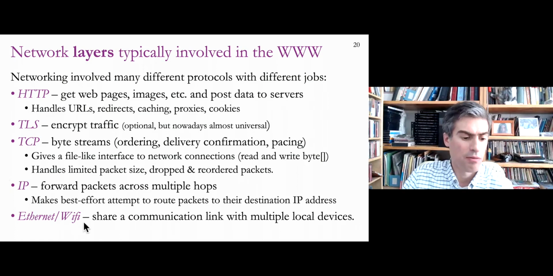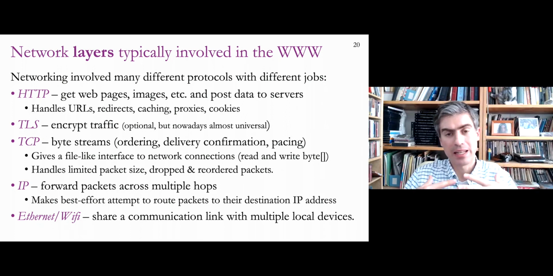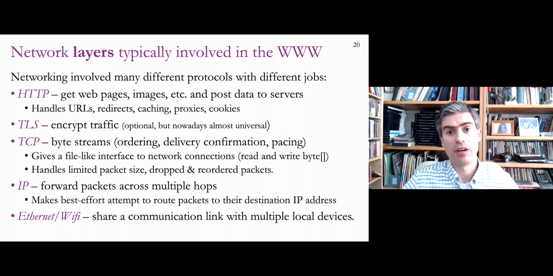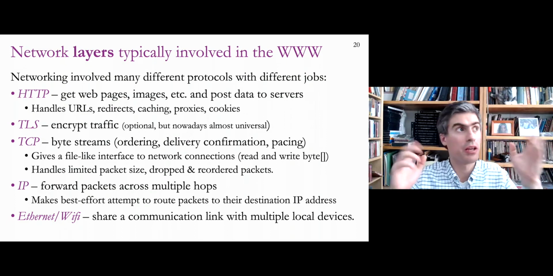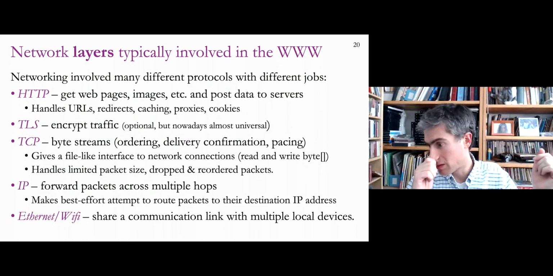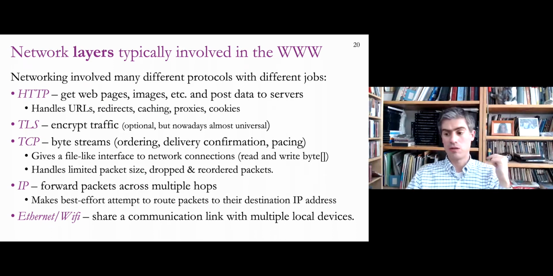And below that, we have a variety of protocols like Ethernet and Wi-Fi and others that are used for handling a link. If we have a link with two devices, or more than two devices sharing this link to communicate, it could be the radio spectrum that many wireless participants are sharing. It could be just a wire that has two participants on either end of it.